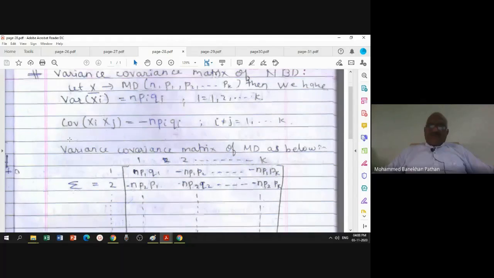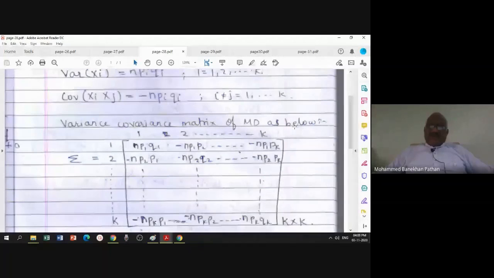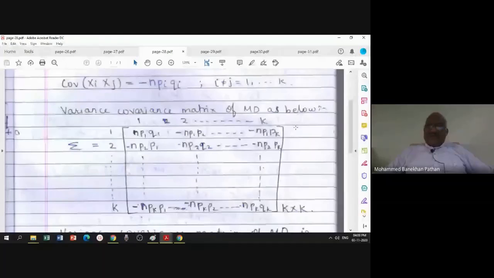Covariance of xi, xj, here a comma should be there, is minus n pi qj, just as we have developed. It should be qj because it is xj. Remember, this is j. i not equal to j, 1 to k. So we write the variance-covariance matrix denoted by capital sigma.